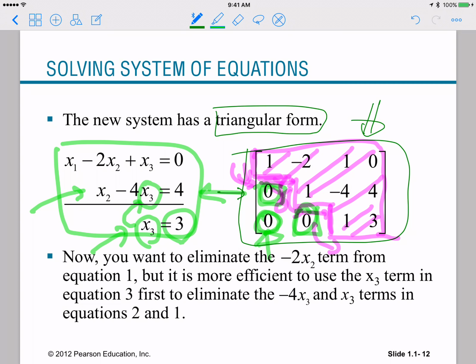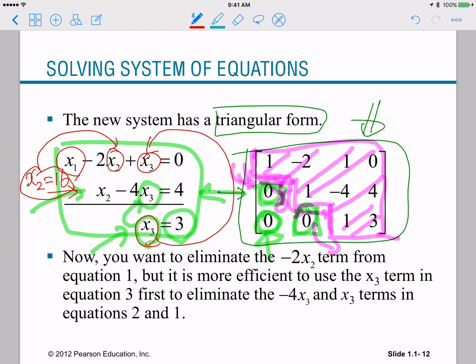And then from here, we now have an x2 value. And then what about the last variable x1? We can also plug this guy in to here, and then x2 into here, right? So we make this kind of triangular form, and then we just simply plug the value in the really last equation into higher equations.